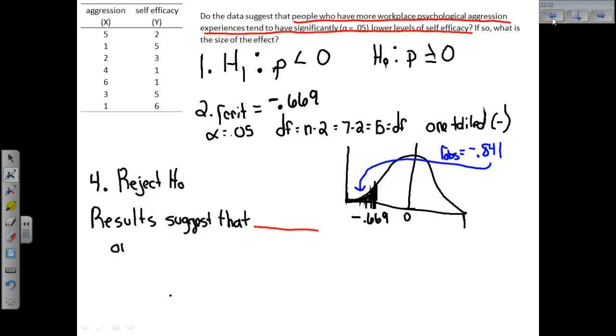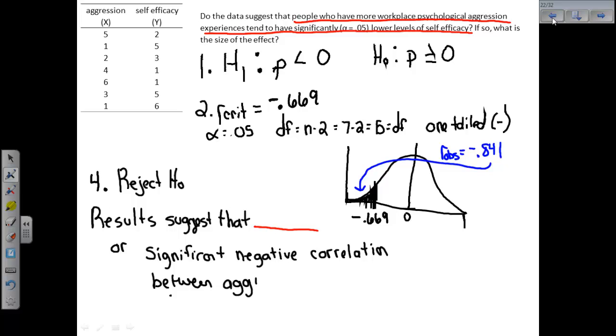Or you could say there is a significant negative correlation or relationship between aggression and self-efficacy.